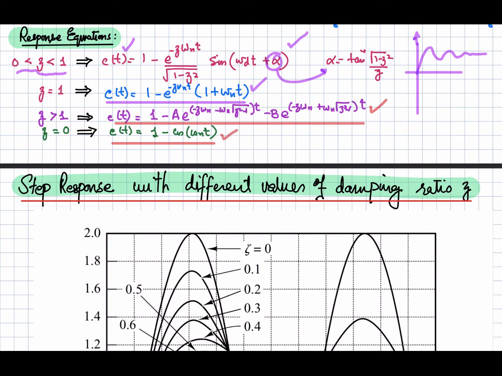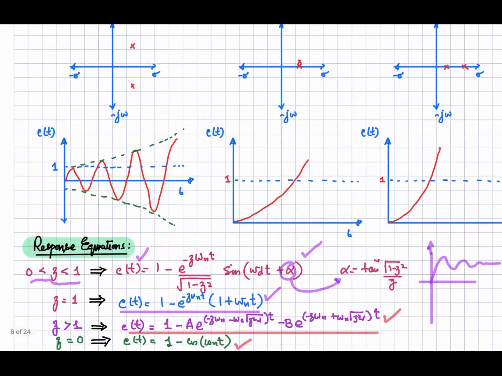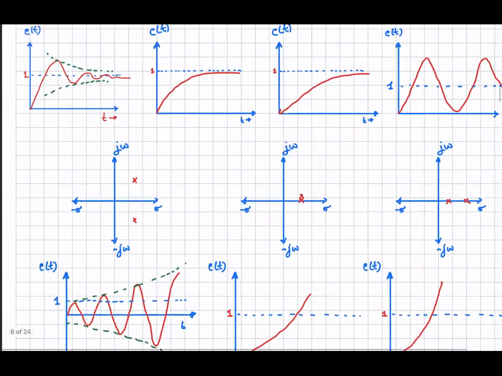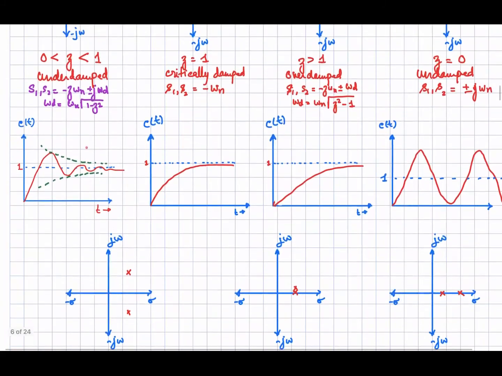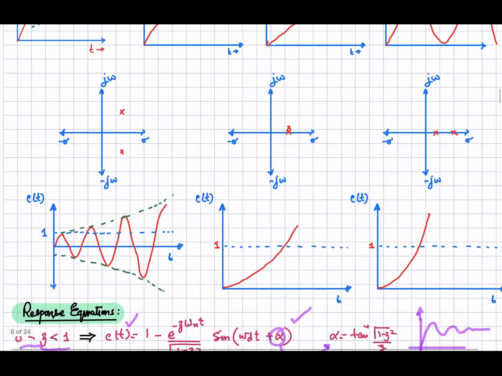So you have seen the sketches of these equations over here. This is for the underdamped system, this is for the critically damped system, this is for the overdamped system because we have very high friction, zeta is greater than 1. This is for the undamped system, and this is for the system when your poles are in the right half plane.